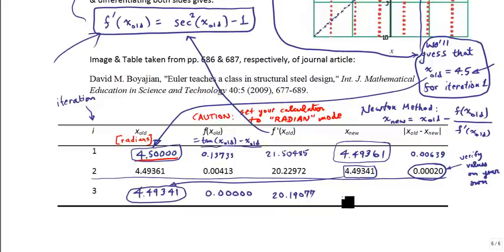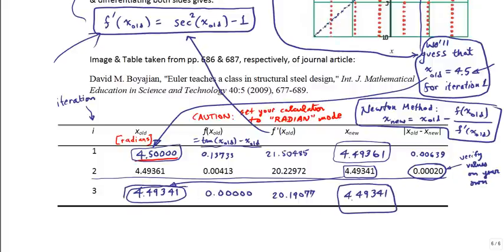And then, once you put that into the Newton method formula, which is this one, you're going to find that your x new value is 4.49341, and then there are some other values of decimal places that I'm not showing here. And when you take those differences between this one and between this one, at that point you'll find that, in fact, the difference between those is 0.